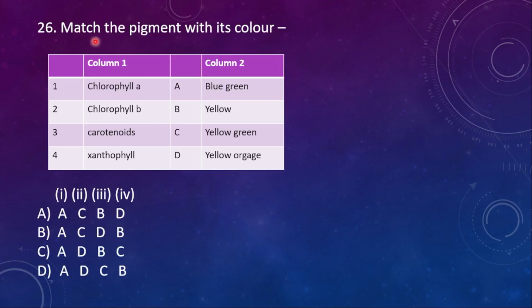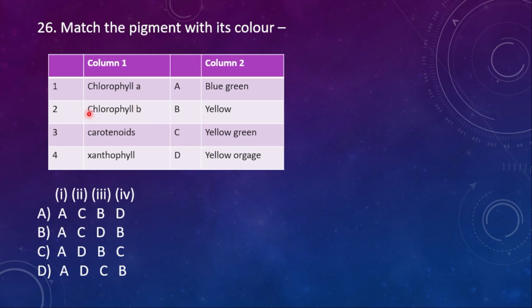Match the following. Match the pigment with its color. Chlorophyll A, chlorophyll B, carotenoids and xanthophyll. Chlorophyll A shows blue green. B, yellow green.